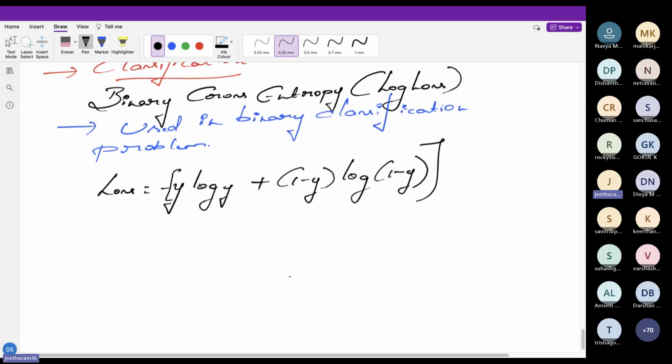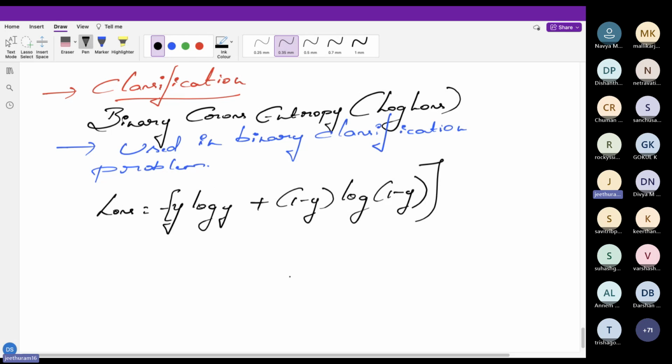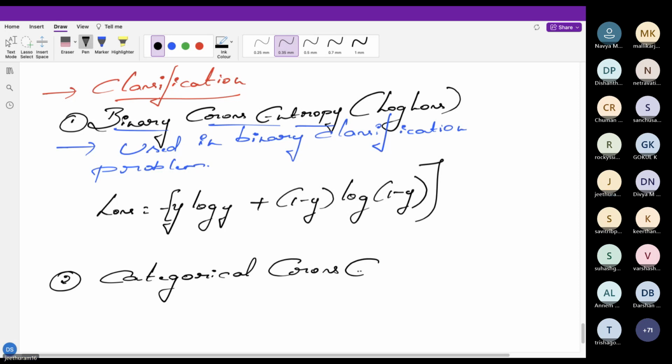Clear, understood. This is for binary cross entropy, wherein we will be using it with a binary classification problem. So when it's a multi-classification problem, any idea which was the loss function used in multi-classification? It's categorical cross entropy. If there are multi-classes, so categorical cross entropy.